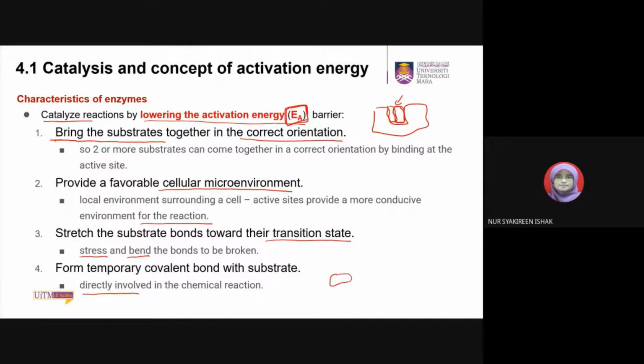So this cofactor can be involved directly in the chemical reaction by transferring electrons, by transferring groups of atoms. So that is the significance of having enzyme in the reaction. So this is the way, these four ways are how enzyme will lower the activation energy.